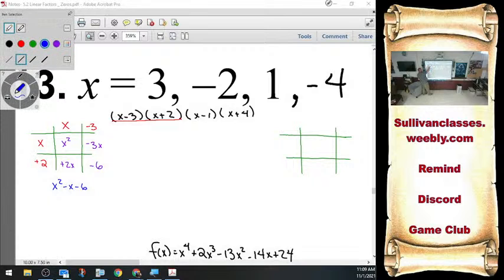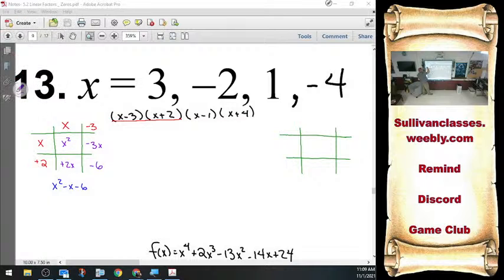If I instead do this, I have an x and a negative 1, an x and a positive 4. X times x is x squared. X times negative 1 is negative 1x. X times 4 is plus 4x. Negative 1 by 4 is negative 4.